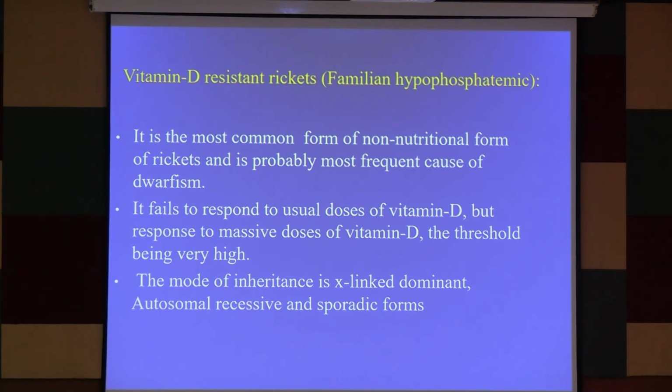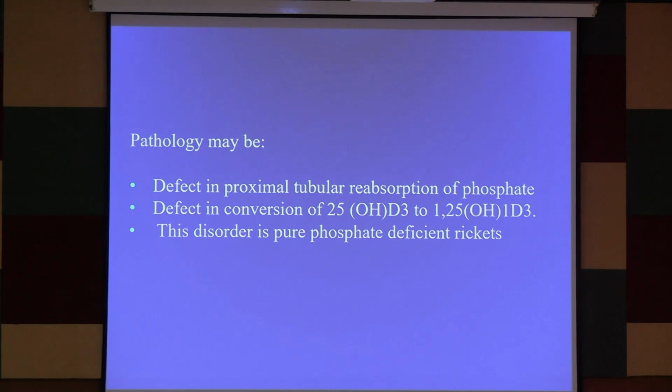So what is the basic problem with this? The basic problem is the absorption of the phosphate in the kidney, with or without some problem with the conversion of the 25 hydroxy vitamin D to active form. So it is most commonly because of the deficiency of the phosphate.